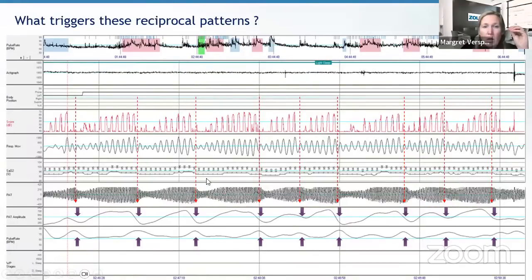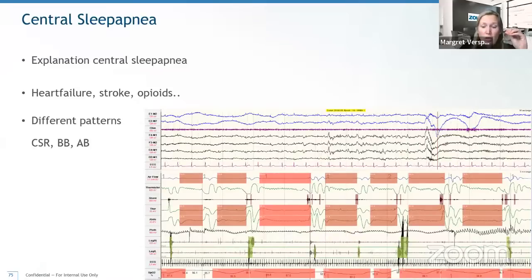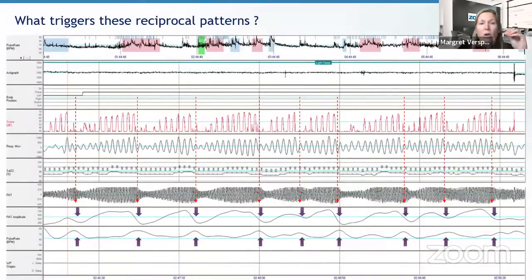Here the same. We have increased snoring, increased respiratory effort, followed by an arousal. So even though there are no desaturations, we have a real reciprocal pattern. We see the vasoconstriction, we see the arousal, and we see the relation of the snoring and the respiratory effort and the arousal.